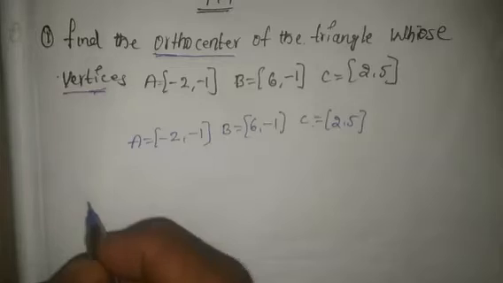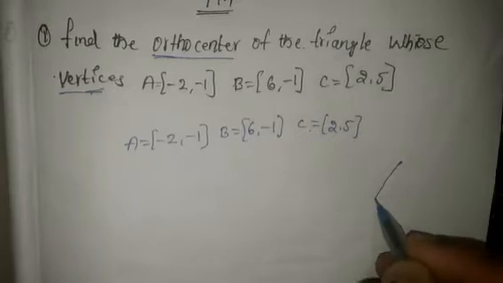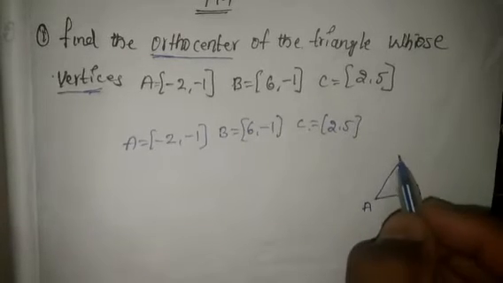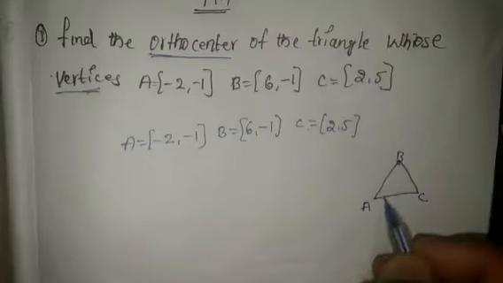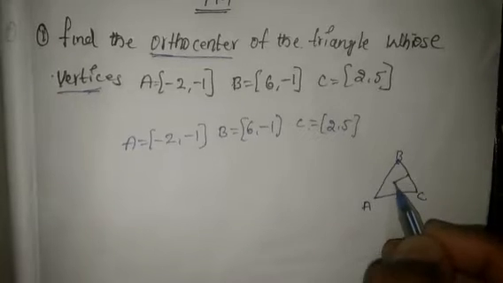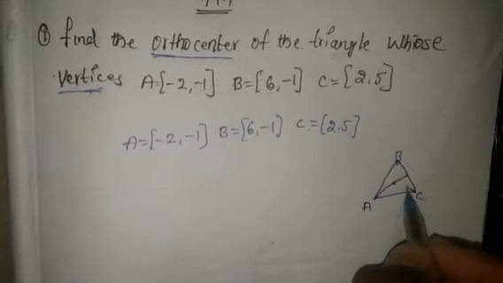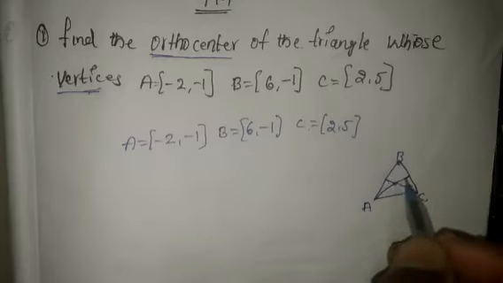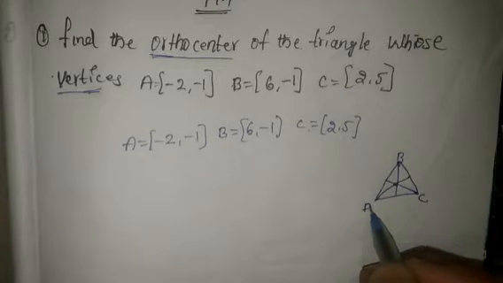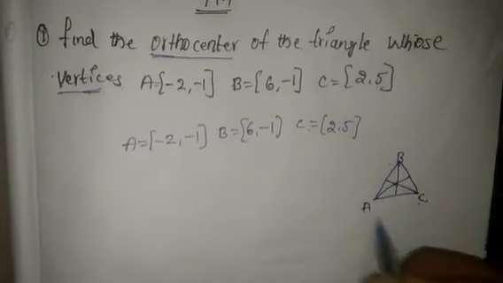So now we draw the triangle. This is A, this is B, and this is C. This is the orthocenter point. BC is perpendicular to A, AC is perpendicular to B, and AB is perpendicular to C. Okay, clear?